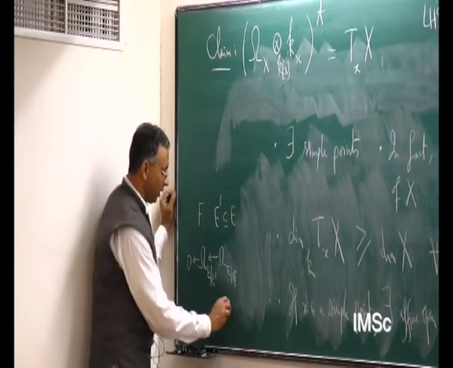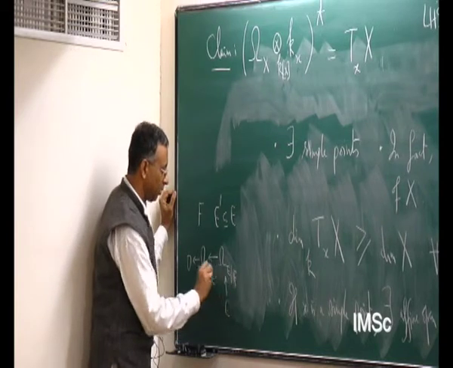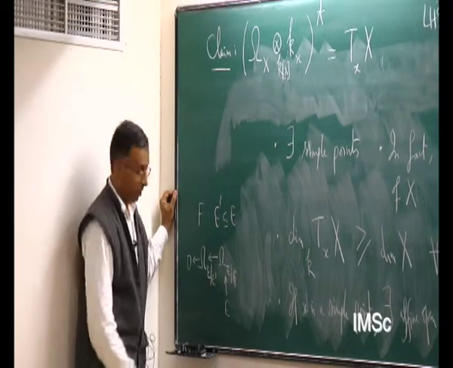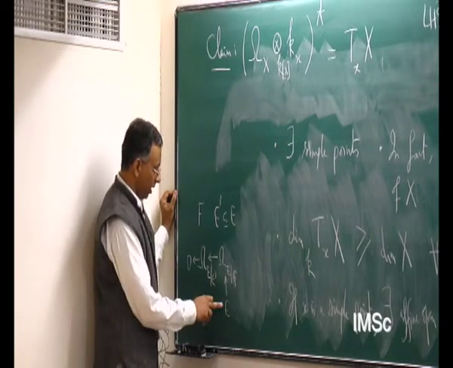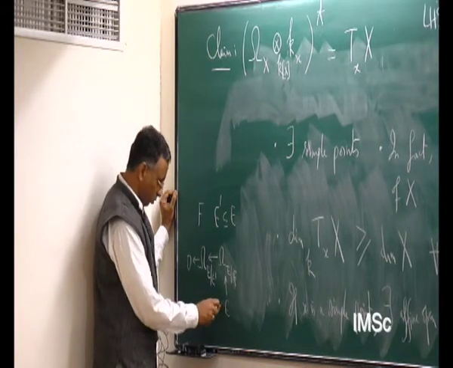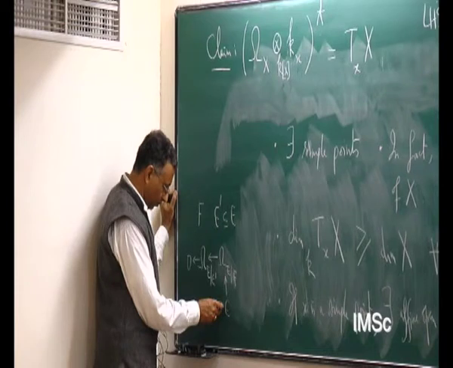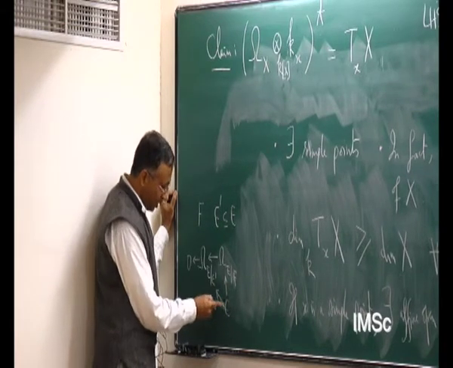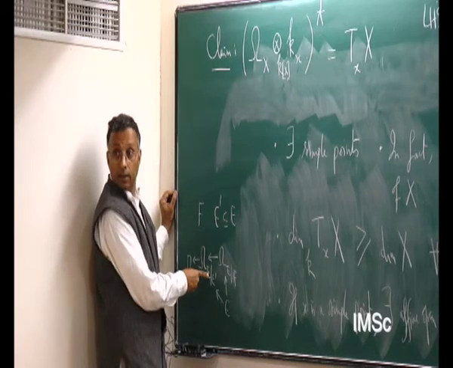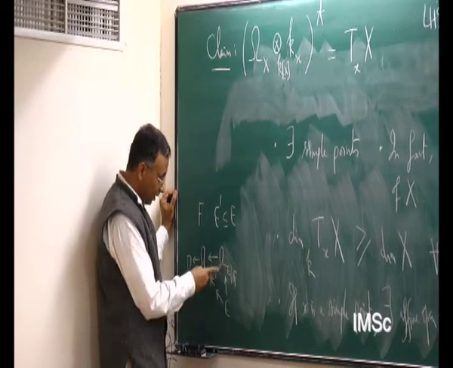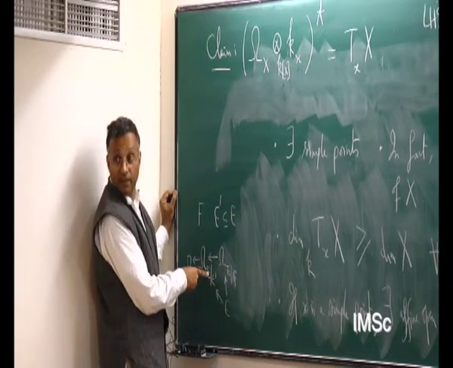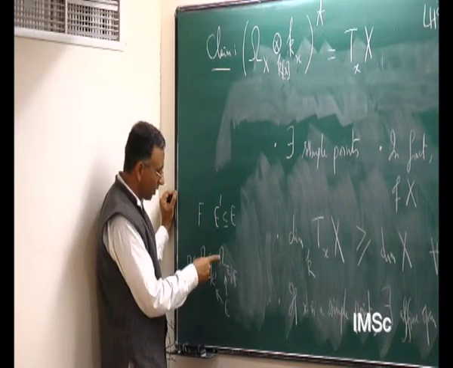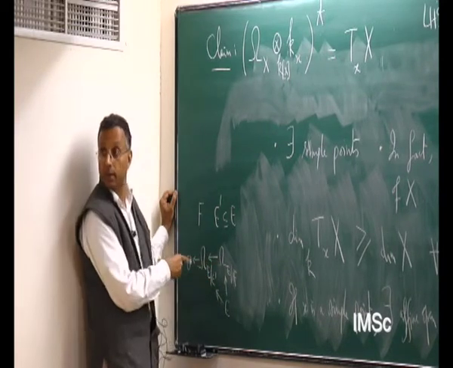From E to here there will be an F derivation, and from here to here there is an E prime derivation, and since it's an E prime derivation, it's definitely an F derivation, and therefore by the universal property there is a map.